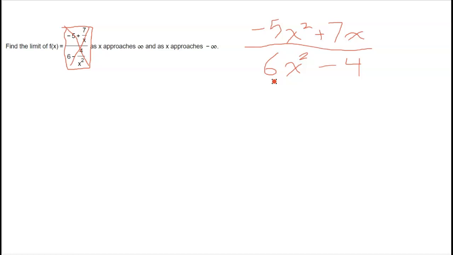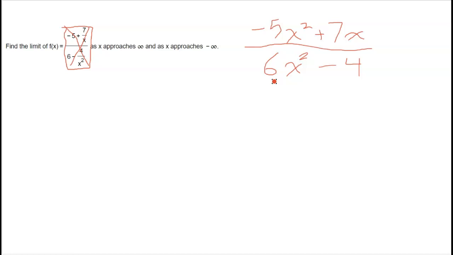Maybe it's a little bit higher. They're sort of negative 50,000 on the top, sort of 60,000 on the bottom. So the answer is sort of negative 5 over 6 with some errors.